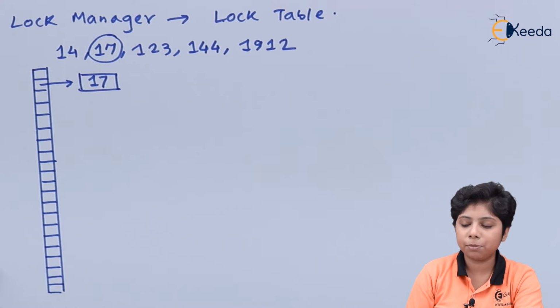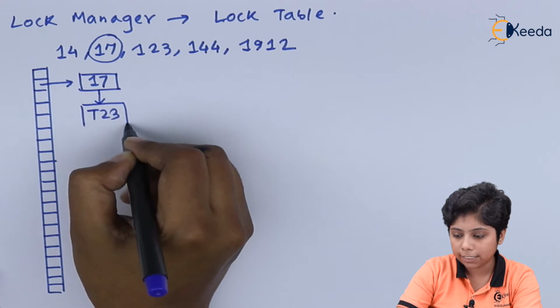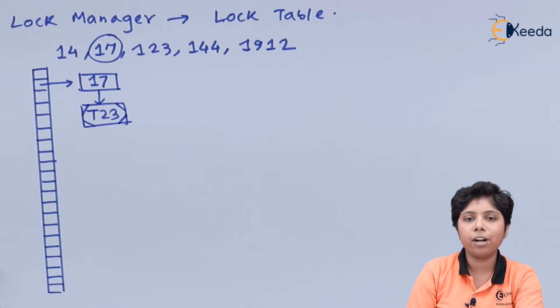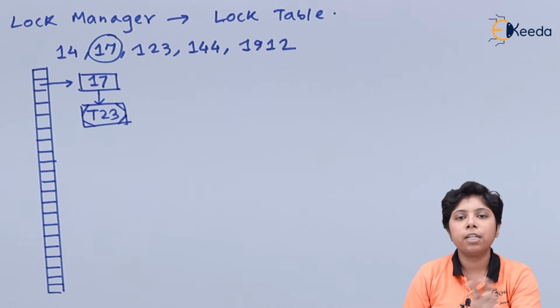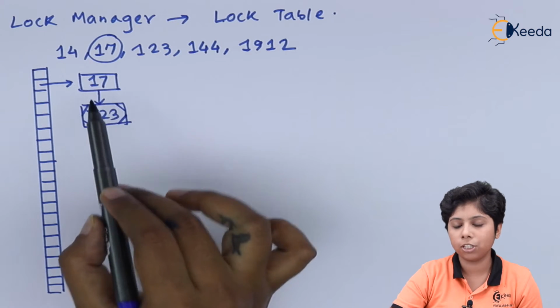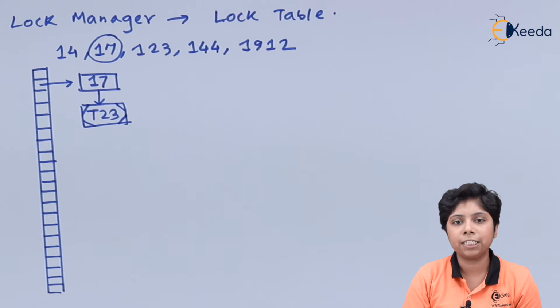See, for the data item 17, we have this transaction 23 whose permission is granted. When a transaction is permitted, it has been permitted for some particular lock. We are not going to the lock mode now. So now 17 is having T23. Now, if the table has no more locks, then we will just add one lock on a data item to it. Now, if data item 123 is needed further, what happens?